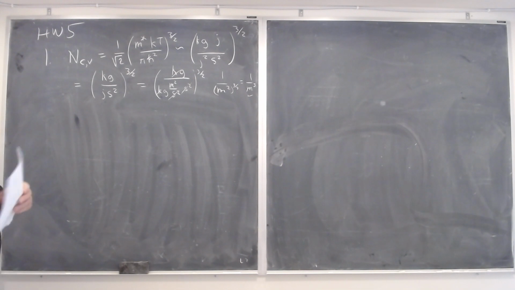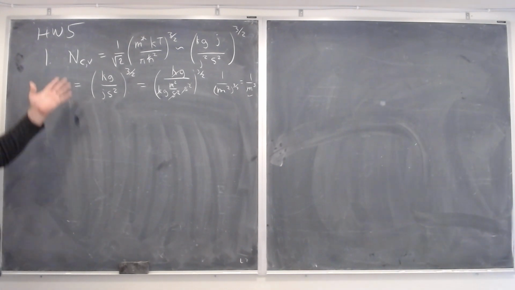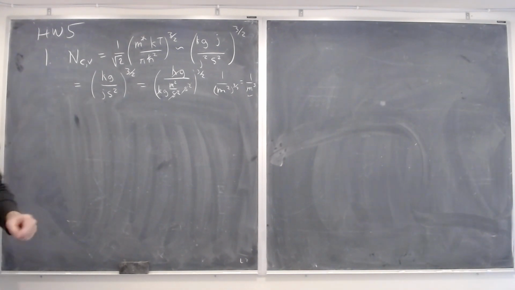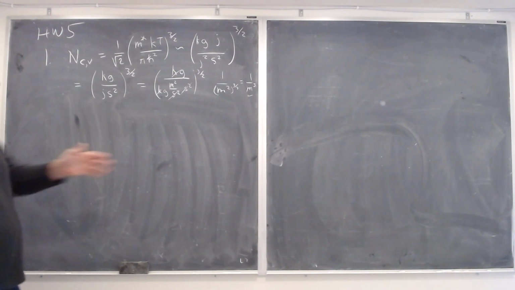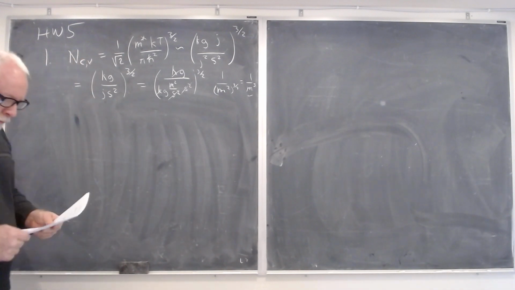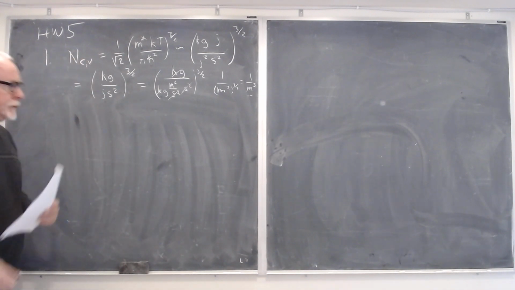Which is what we were trying to show, which is that the effective mass is basically a density, a carrier density. So it's like particles per unit volume. So particles doesn't have a unit, and so it's just 1 over volume. All right, so hopefully that went very smoothly for everyone.